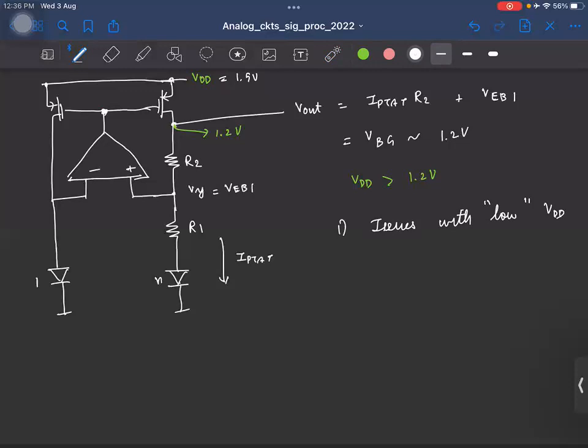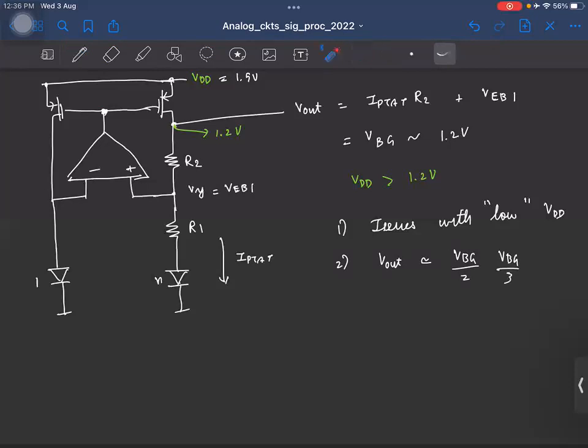So the problem here is that at say 1 volt or less than 1 volt supplies, we can't use this circuit. And it turns out in some cases we might also want to generate fractions of bandgap. For example, we might want V out to be, say, bandgap by 2 or say by 3 or something.